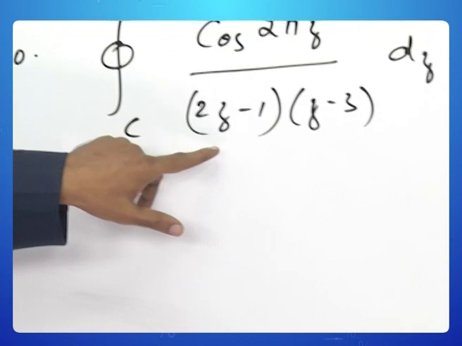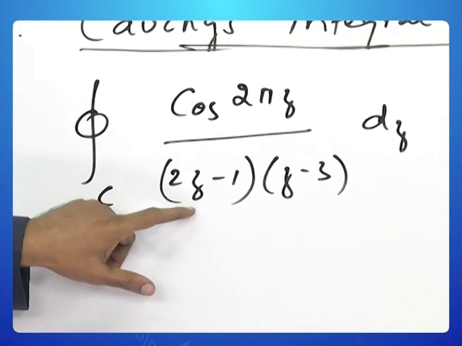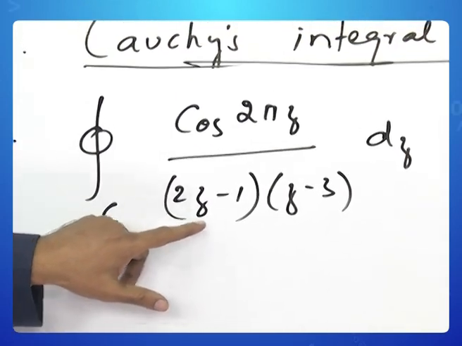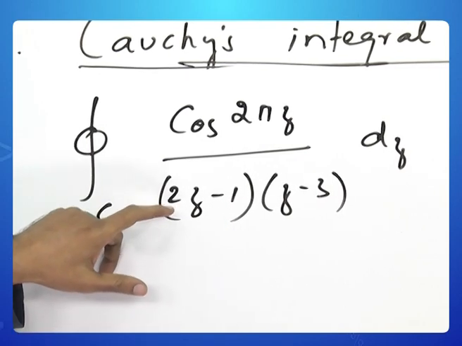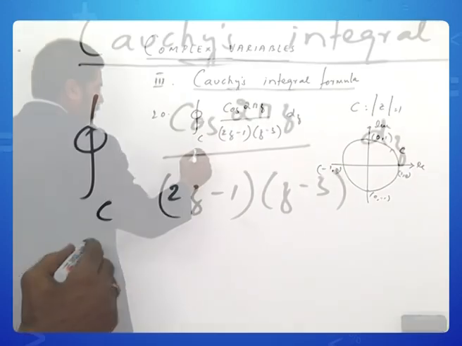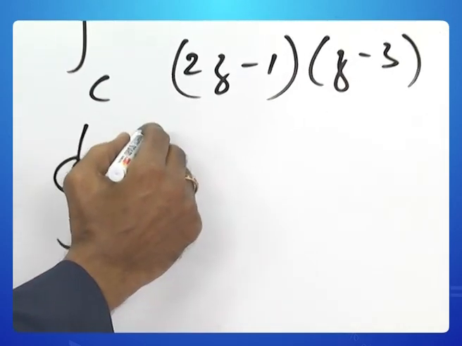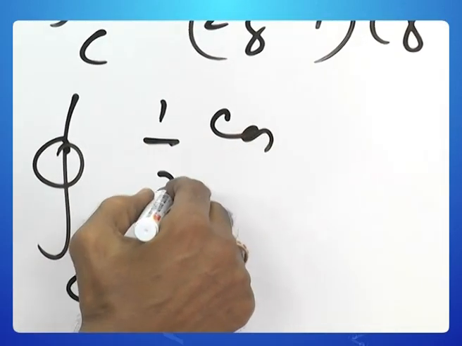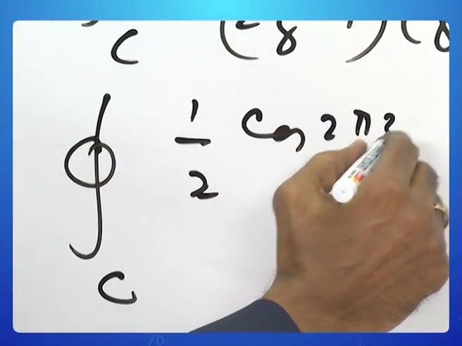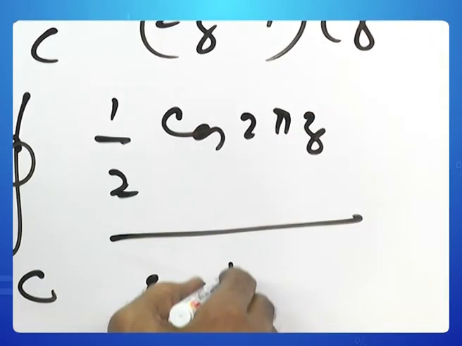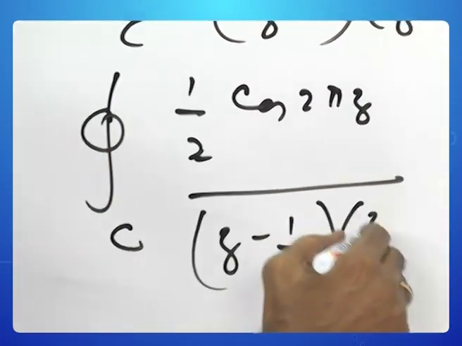There is a small adjustment required here, because in the ideal form we require z minus alpha type of situation. So you can extract these two outside and write half cos 2 pi z by (z minus half) into (z minus 3).